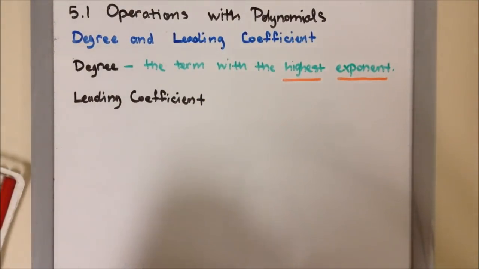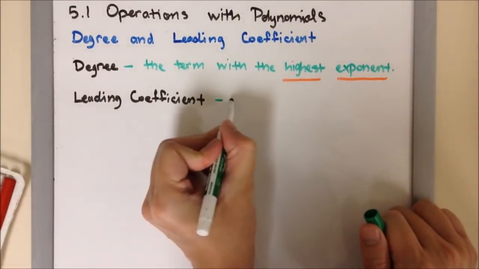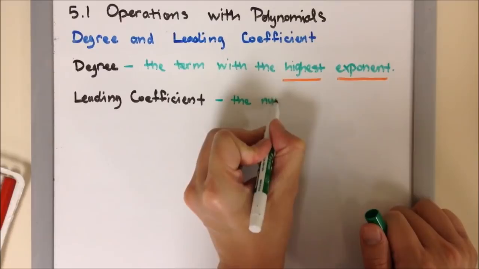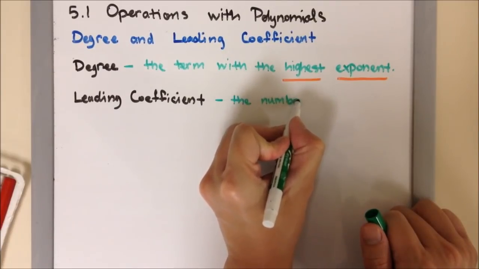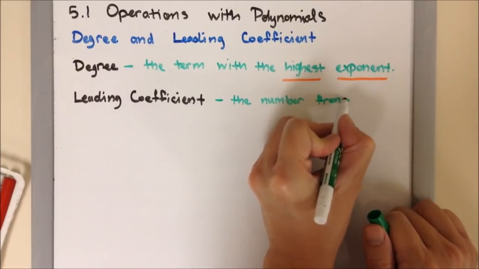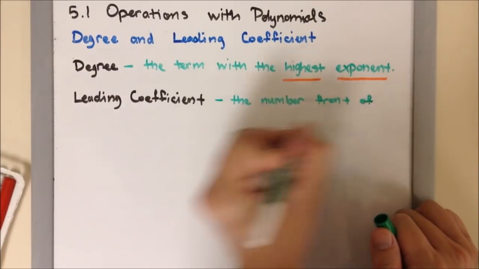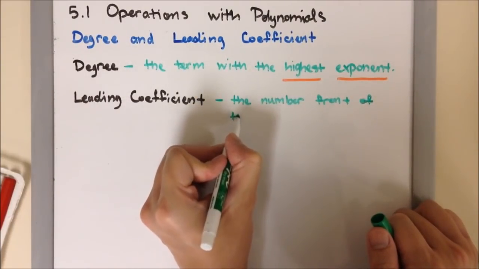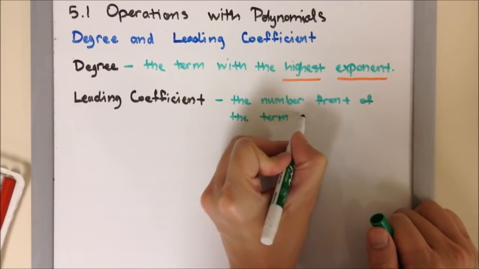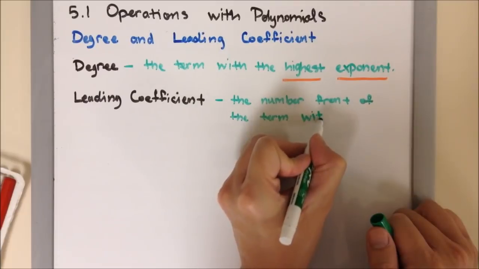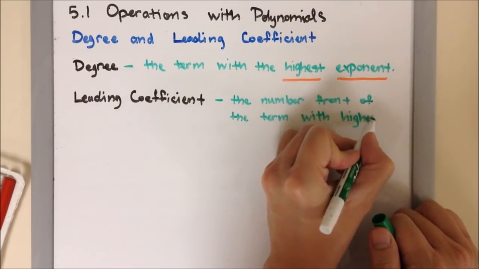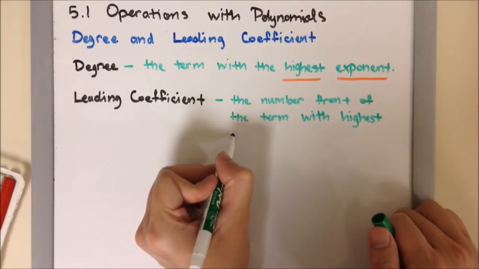And then leading coefficient is the number in front of the term with the highest exponent.